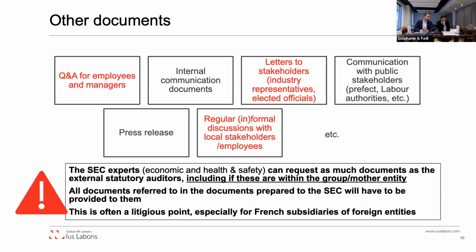The one we're having the most difficulties with is the accountant, because they will want to understand the project, and of course we have a difficult relationship with some and a better relationship with others. They will draw up a report which will be presented 15 days before the end of the consultation phase.